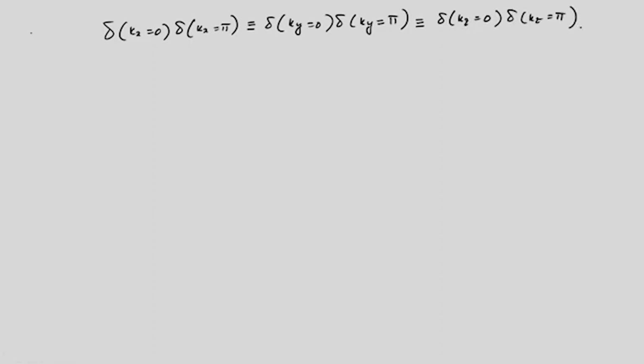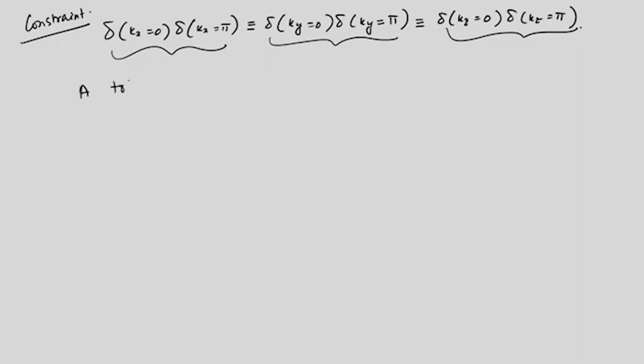And so, this is a constraint condition, and this constraint reduces the number of Z2 invariants from 6 to 4. The product of these deltas corresponds to a topological invariant, which is called nu 0. So, this is the product above.